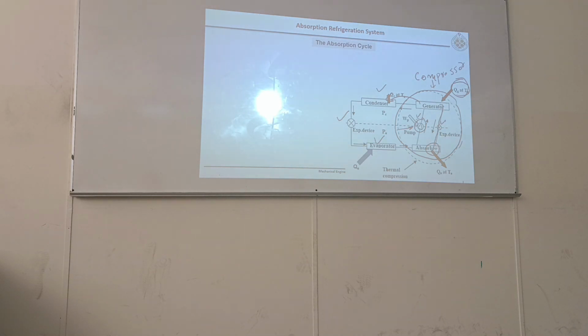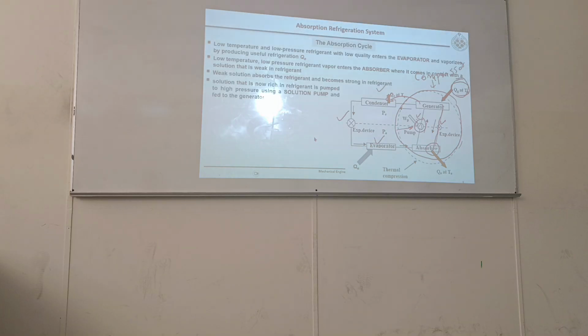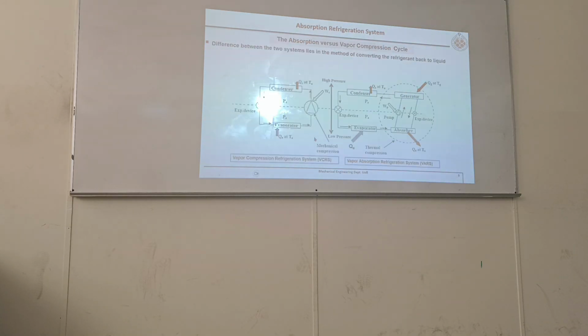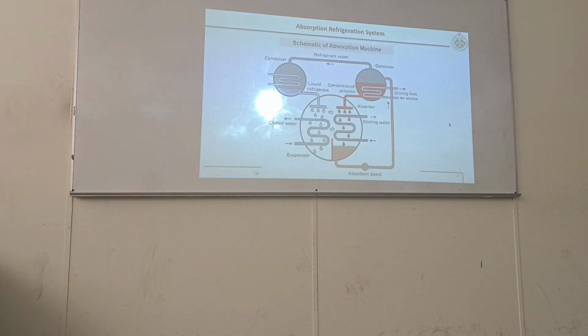Now, this is a general schematic, so we will discuss it in detail in the tutorial class. To understand this better, this is a more realistic picture. Here is the evaporator. Look, here is the refrigerant which is boiling. At the same time, in the same vessel, you have this absorbent fluid. This absorber will absorb whatever refrigerant is evaporated.